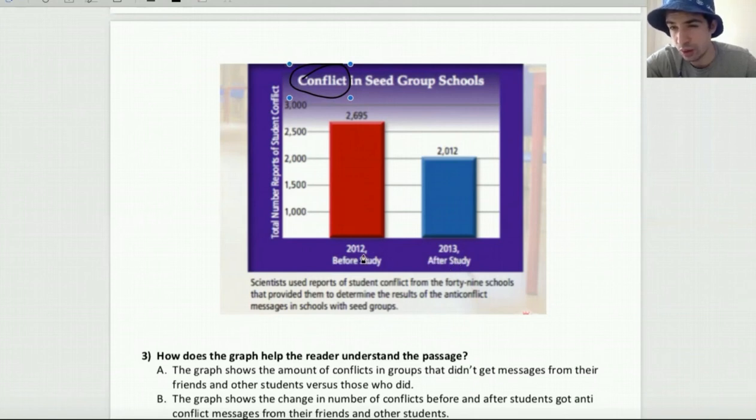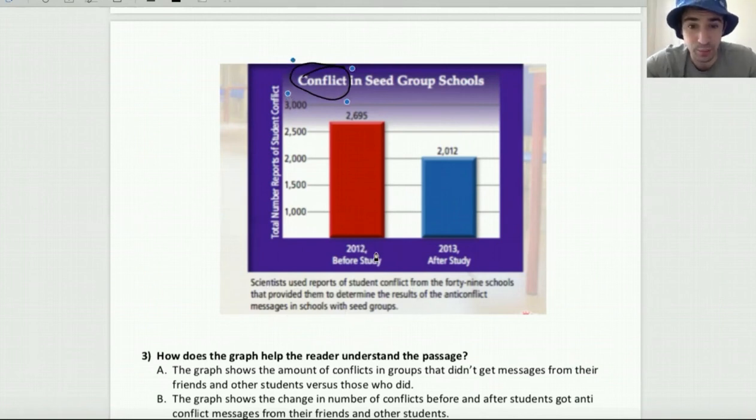So before students started coming up with slogans who had a lot of friends, and then after students started coming up with slogans. Now I'm gonna read this caption here because it's also gonna give me some clues. Scientists used reports of student conflict from 49 schools that provided them to determine the results of the anti-conflict messages in seed groups.